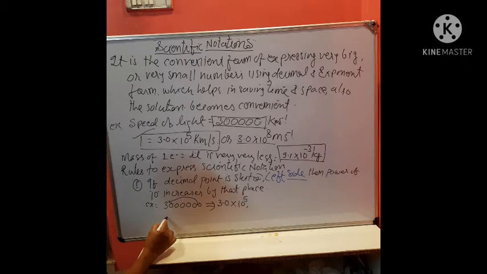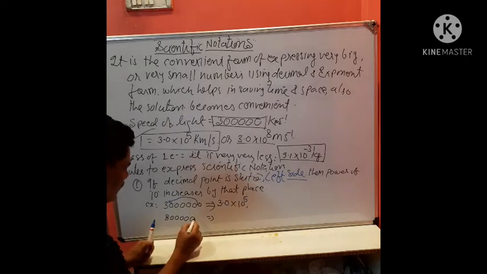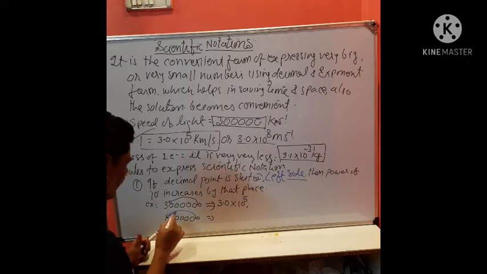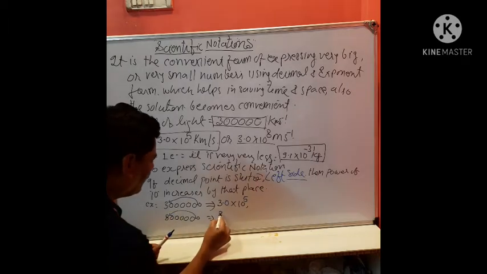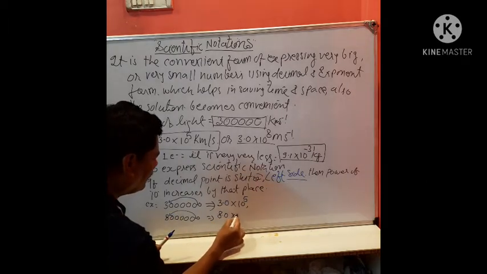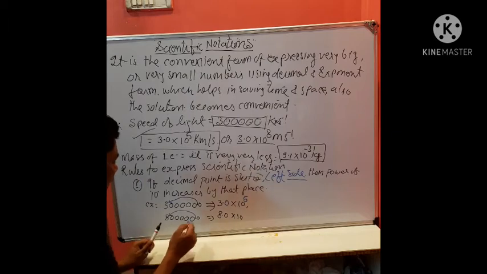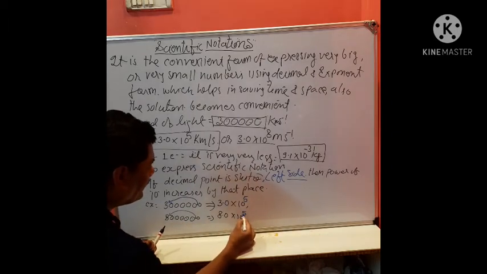One more example, 8 lakh. It can be written as 8.0 into 10 to power, now how many places? 1 2 3 4 5. So here, 5.